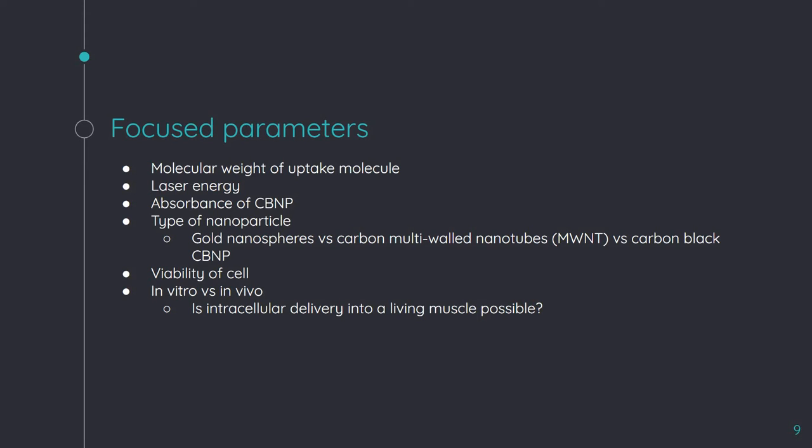The focus parameters in this experiment all concern the effective uptake of the cell, including molecular size and weight of the uptake molecule, laser energy, carbon black nanoparticle absorbance, type of nanoparticle, in vitro versus in vivo situations, and lastly, the viability of the cell after uptake.